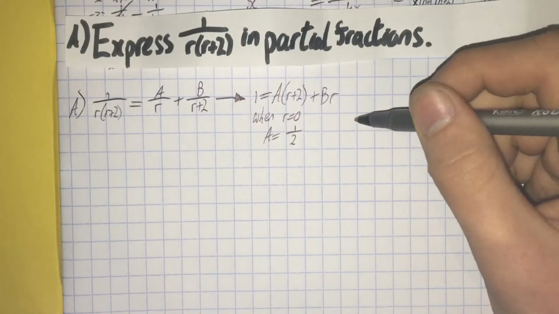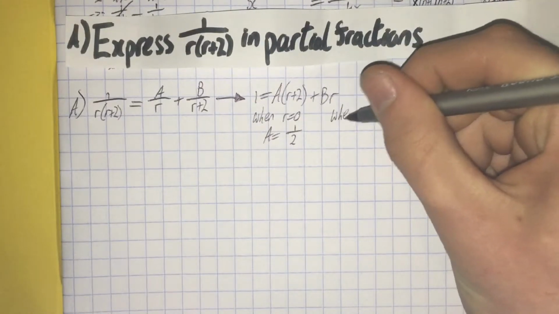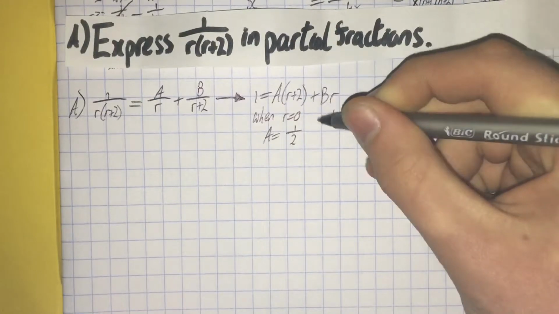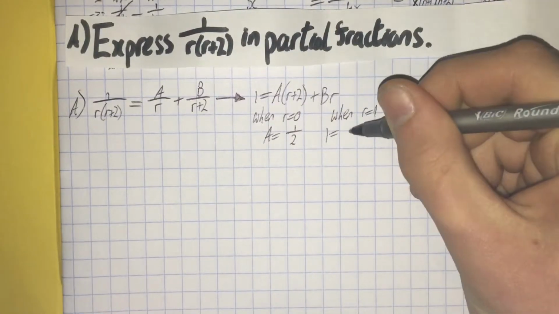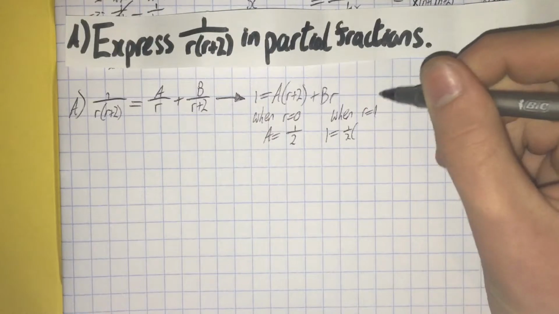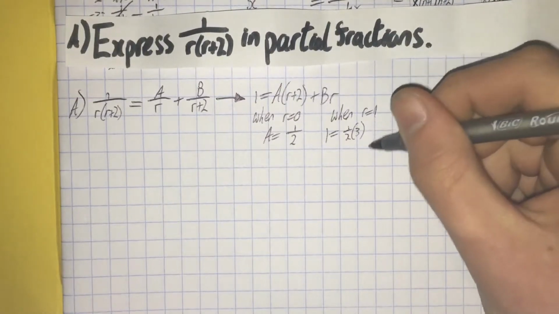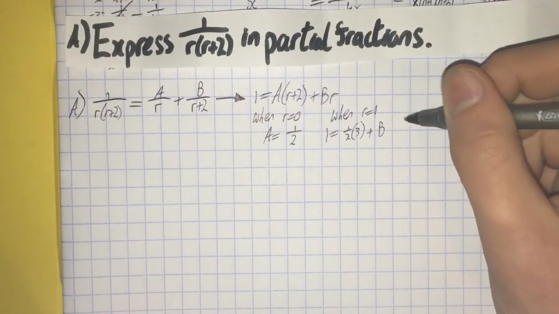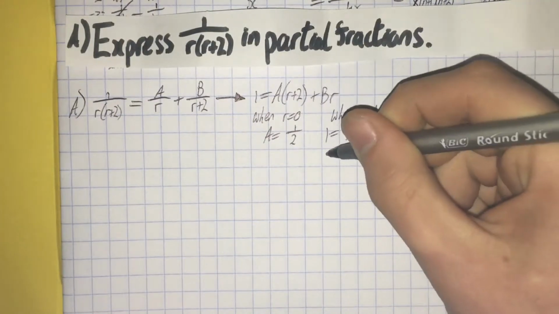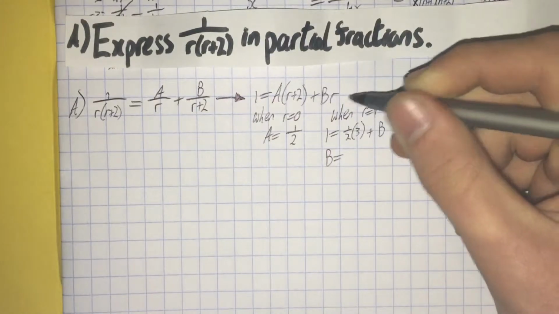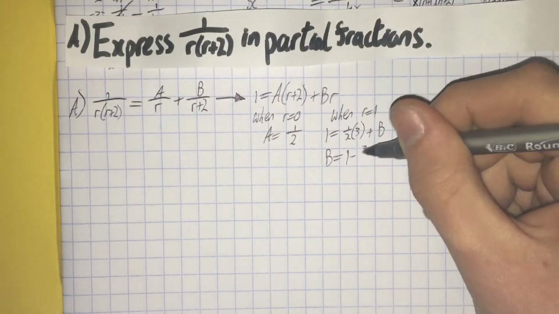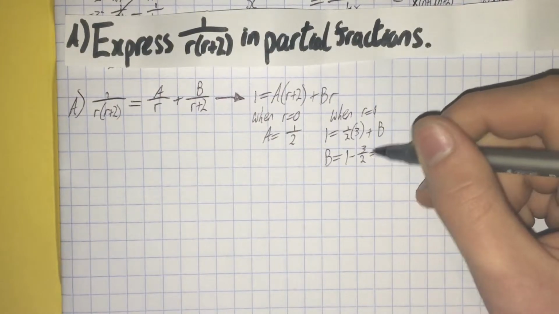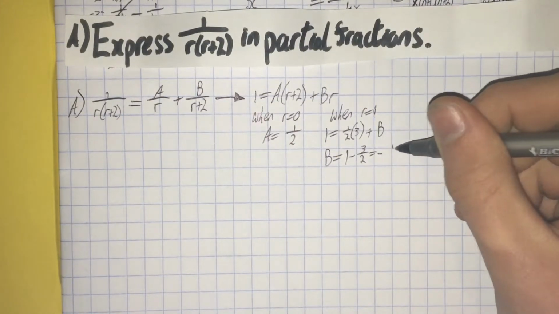Now, if we just input r equals 1, we shall have 1 equals a half times 3 plus b. Now if we rearrange this, we shall find that b equals 1 minus 3 over 2, which equals negative a half.